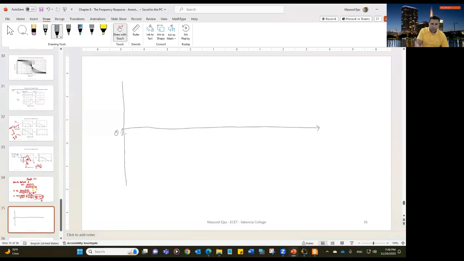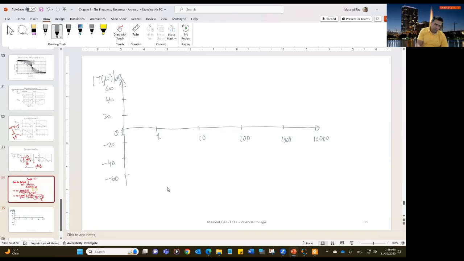Let's say 0.1 we start, 1, 10, 100, 1,000, and 10,000. That should be good enough. Magnitude of T(j omega) in decibels: 20, 40, 60, negative 20, negative 40, negative 60.